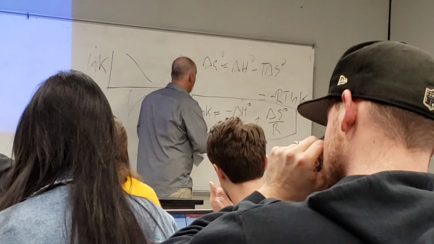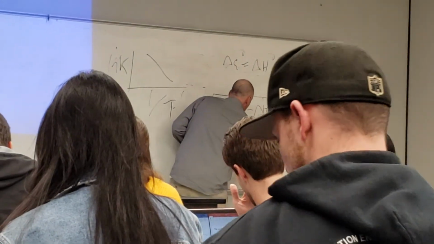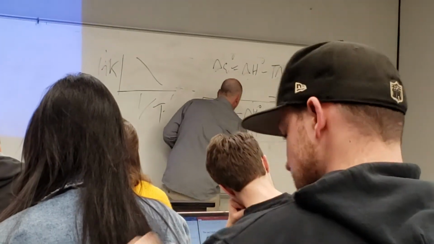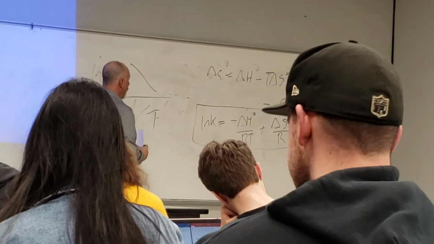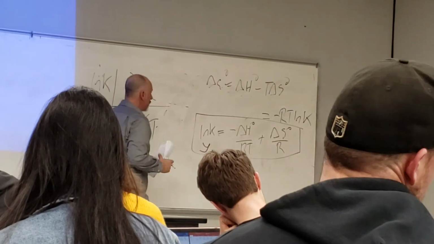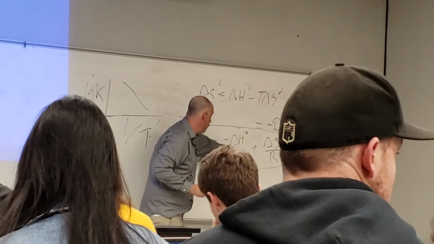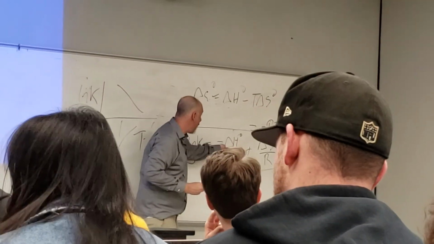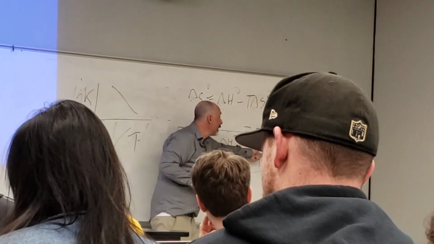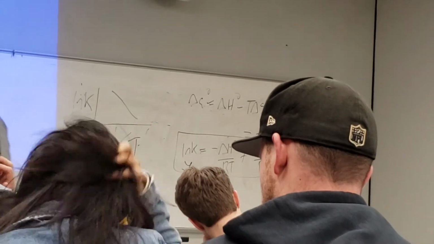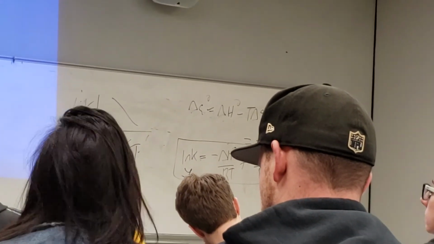So just generically, x equals 1 over T, y equals ln K. So I can just think of this as y equals mx plus b, where m is minus delta H over R, and delta S over R is my b. So that's the generic one.